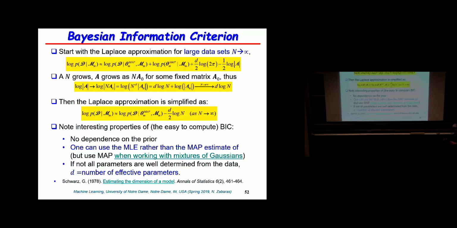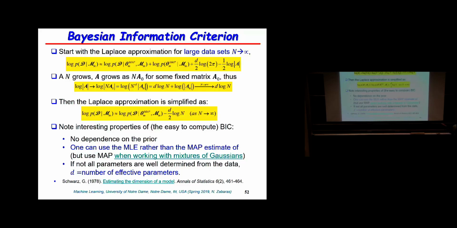And what happens to the likelihood as the number of data points increases? We're going to assume that A is proportional to n times some constant matrix A0. So the log of the determinant of A is the log of the determinant of n times A0. This will give you log of n to the power d times the determinant of A0.